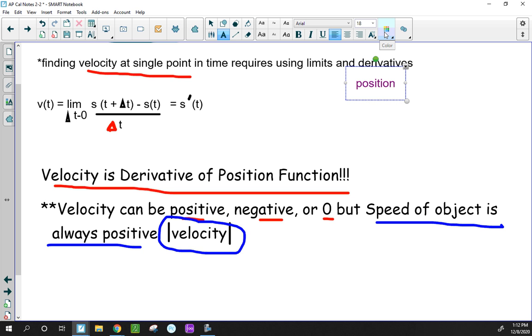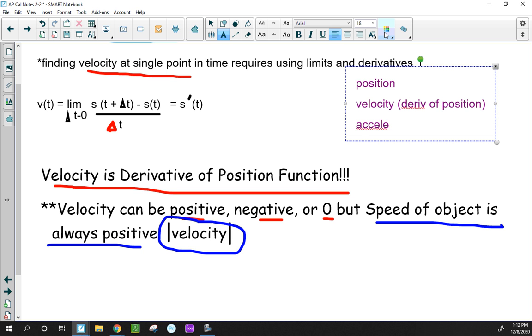Position is what you start with. Okay. Velocity is the derivative of position. And acceleration, which I really haven't mentioned today, but you'll see it, is the derivative. Well, you can do one of two things.